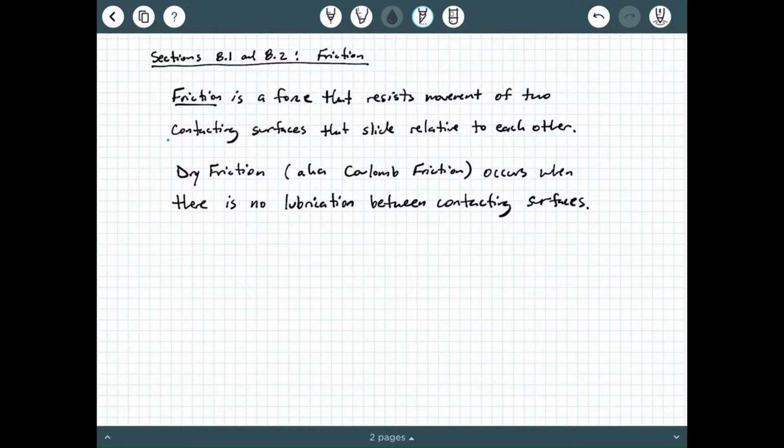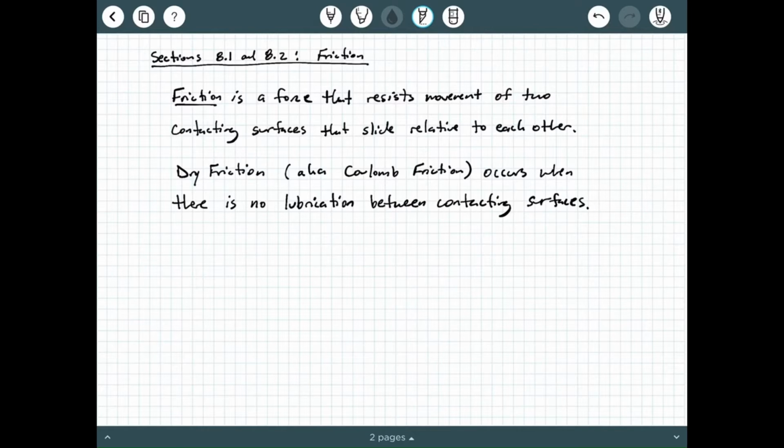Friction is a force that resists movement of two contacting surfaces that tend to slide relative to one another. So the classic friction problems that we're used to seeing are a block sliding along a surface, and that surface may be a horizontal surface or an inclined surface, which we often call in physics block on a wedge, okay? And more specifically, what we're going to talk about is this thing called dry friction.